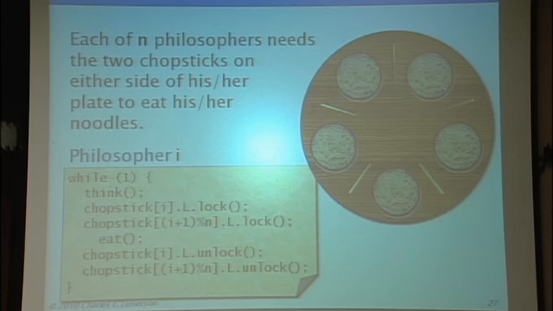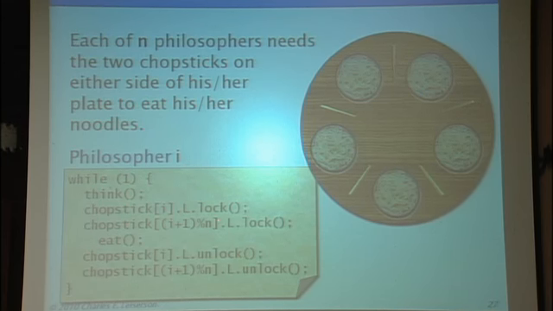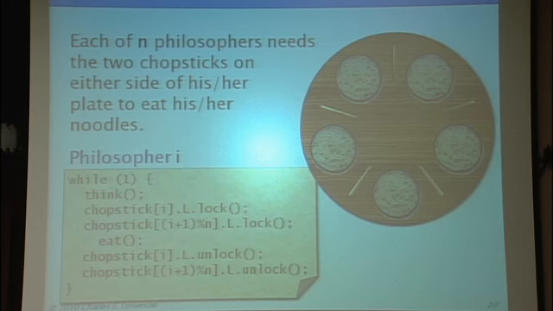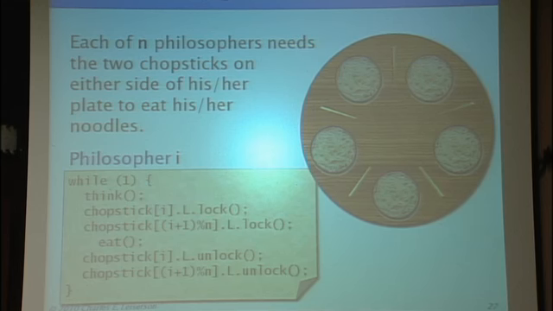So if we index them, say, to the left of the plate, this is grabbing the chopstick to the left of your plate. This is grabbing the chopstick to the right of your plate. Then you can eat. Then you release your 2 chopsticks. So that's the code. And then you go back to thinking. I guess they have no other bodily functions.